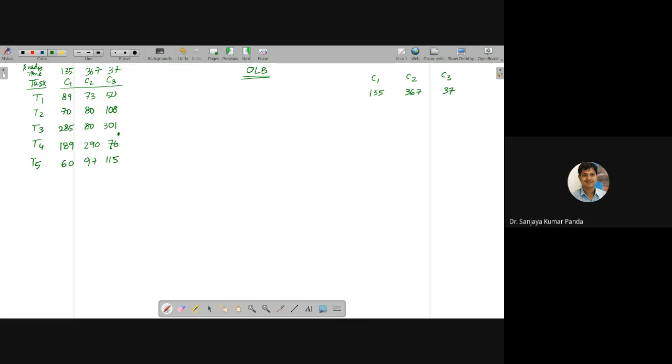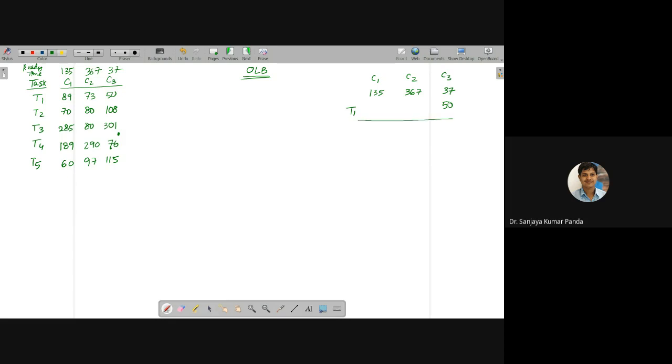C3. Yes, the answer is C3. So without looking into the time taken in the 3 different clouds by T1, we'll assign T1 to C3, because C3 is going to be ready first.